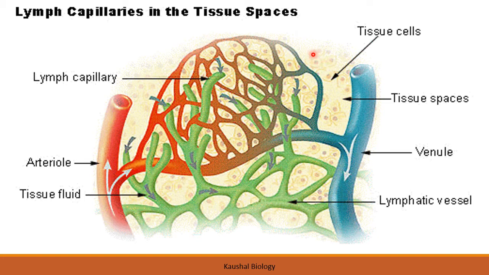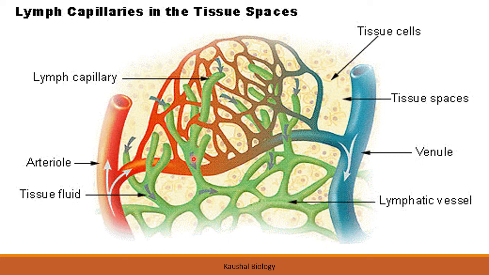Now you can see this round structure, that is the tissue, that is the cells which are part of the tissue. Now in the tissue, what happens when the blood is diffusing into the tissue? Some of the components of the blood escape from this wall and come into the tissue, and here the lymph is formed.